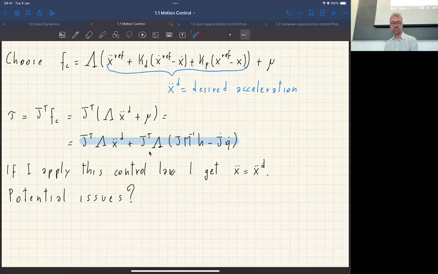Of course, even in this case, you need to know the complete dynamical model of the robot. So you need to know the mass matrix, Coriolis, centrifugal forces, gravity torques. And in this case, you need an extra bit of information, which is the Jacobian, which of course you didn't need when you were doing joint space control. But the Jacobian is actually very simple to get compared to all the other stuff. Do you foresee any potential issue with this controller?